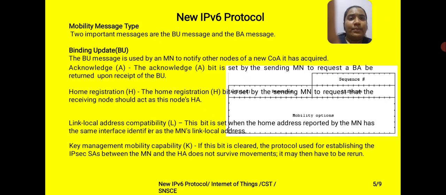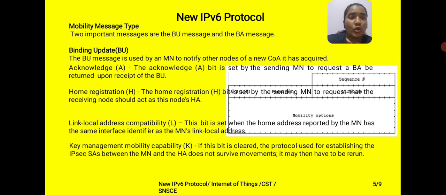Binding update: the BU message is used by the MN to notify other nodes of a new care-of address. Acknowledge bit: the A bit is sent by the sender MN to request a BA to be returned upon receipt of the BU.